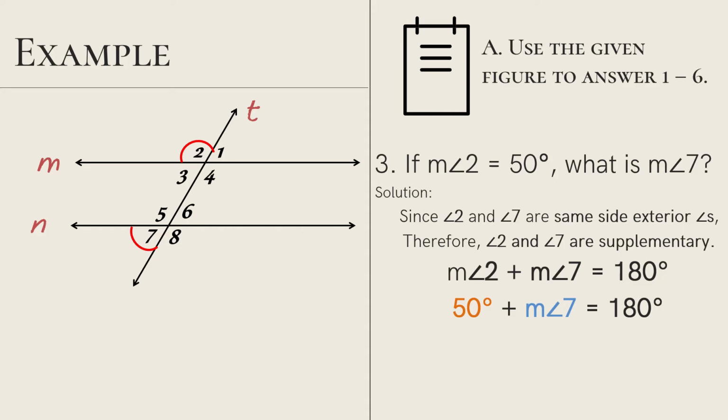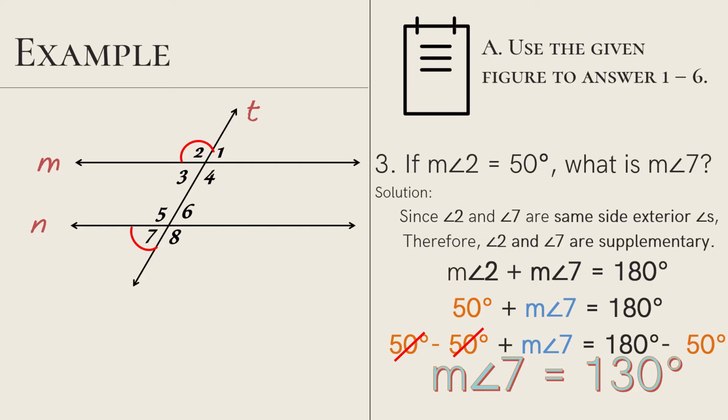Then isolate the measure of angle 7 by subtracting 50 on both sides of the equation. We have the measure of angle 7 equals 180 minus 50. And 180 minus 50 is equal to 130 degrees. Let us now move on to question number 4.